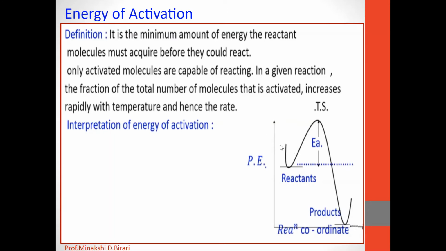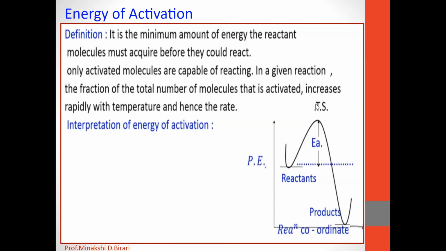Only a few reactant molecules acquire the minimum amount of energy, that is the energy of activation, and those are activated. So only activated molecules are capable of reacting. So here is the transition state, or the formation of the activated complex.